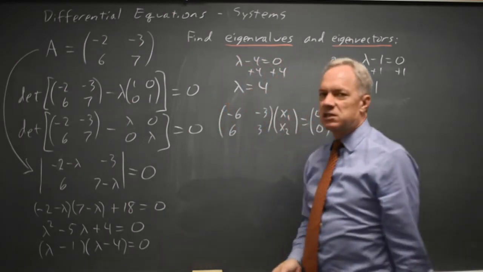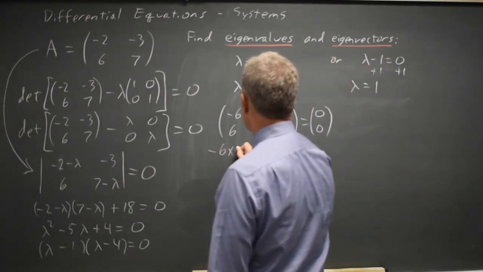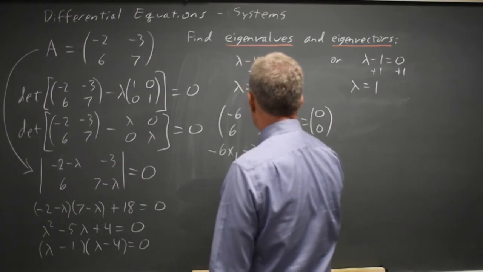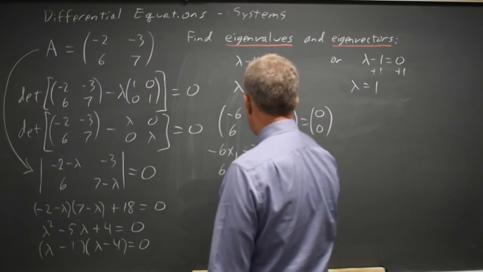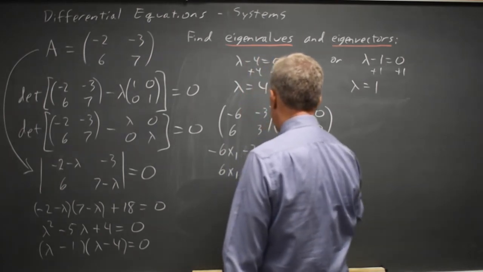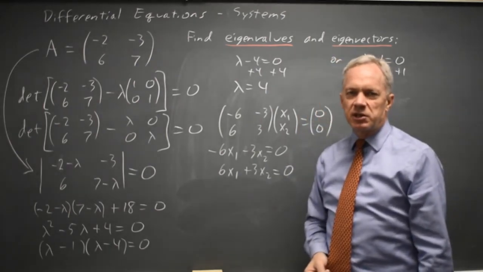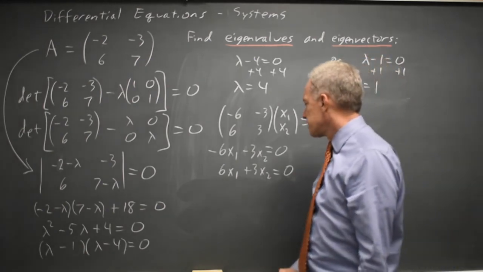And we notice that this gives us a system of two equations, -6x1 minus 3x2 equals 0, and 6x1 plus 3x2 equals 0. And that system is dependent. The second equation is -1 times the first equation, so I cannot solve for a unique solution of x1, x2.